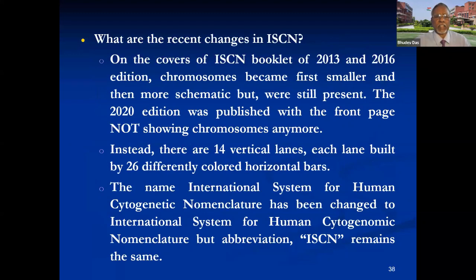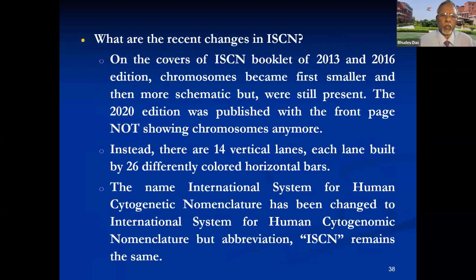What are the recent changes? On the covers of the ISCN booklet, in the 2023 and 2020 editions, the chromosomes first became smaller, then became a schematic diagram, and that was there till 2016.